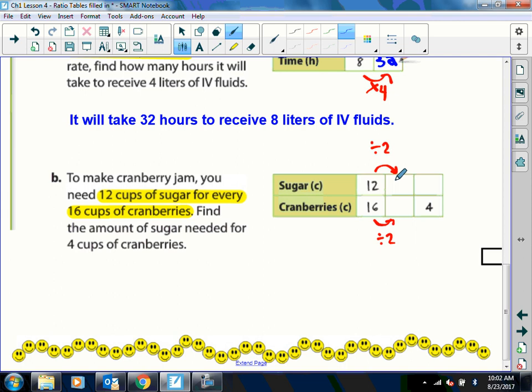Then I will end up with 6 to 8. And then you can see again, oh, I can simplify some more, right? So you can divide by 2 here again, and you can divide up here again by 2. And then you will end up with 3 to 4. So that tells me that it takes 3 cups of sugar to make 4 cups of cranberries.